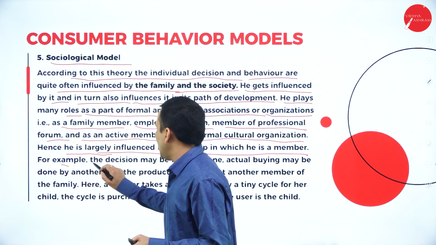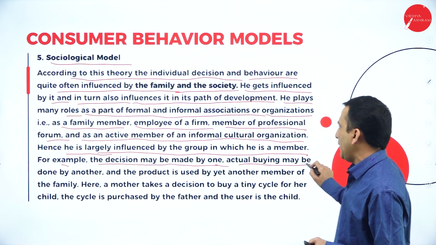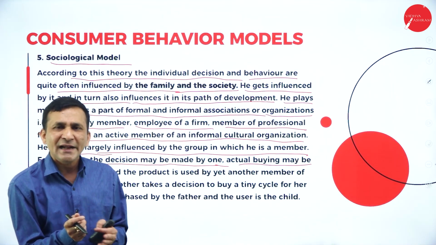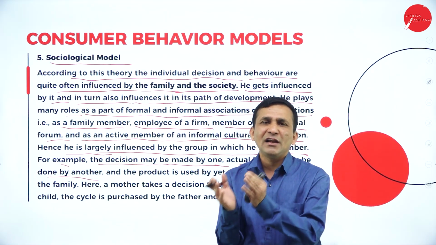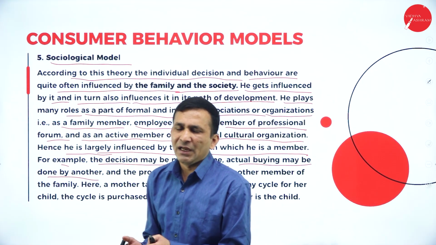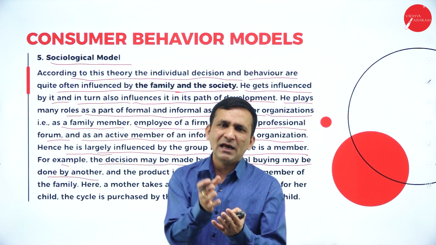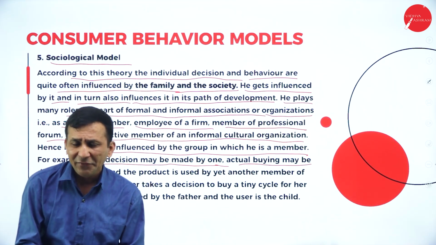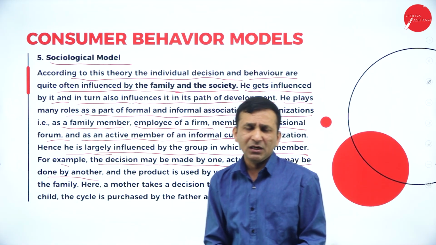So for example, the decision may be made by one and the actual buying may be done by another. Suppose in the family, the son decides to purchase a car. Other family members influence and motivate, and they study what matters before purchasing the car. Either they give priority to the seat, or to the economical factor, which depends completely on the son's requirement.